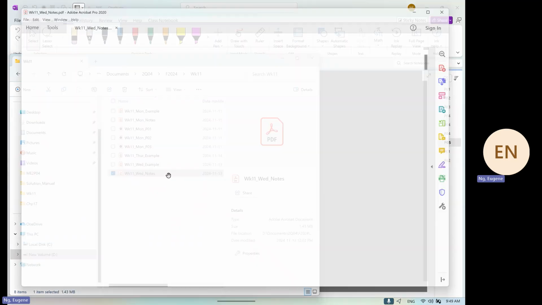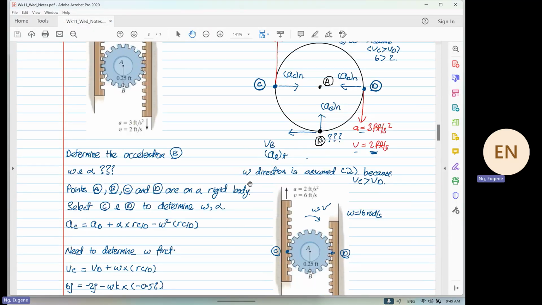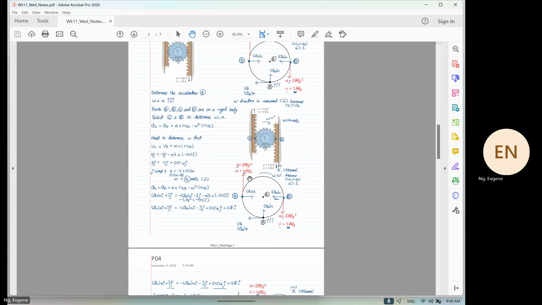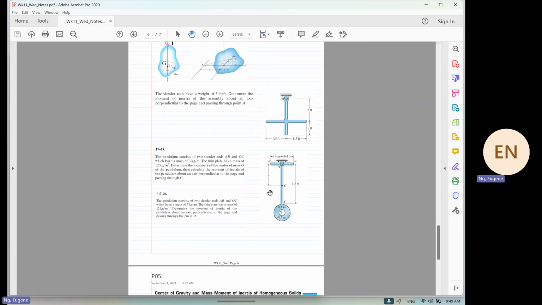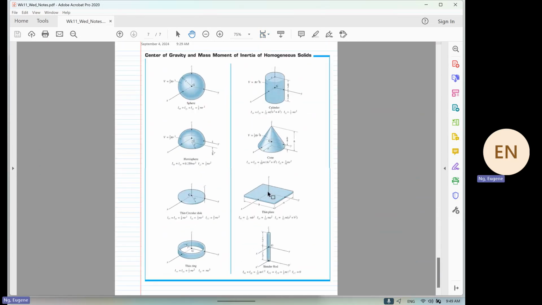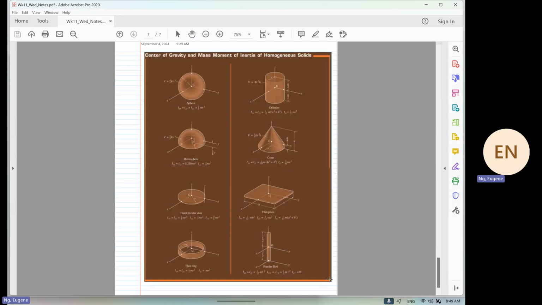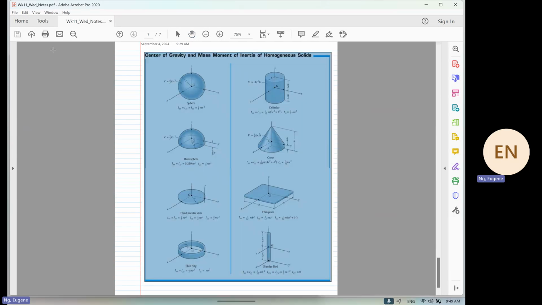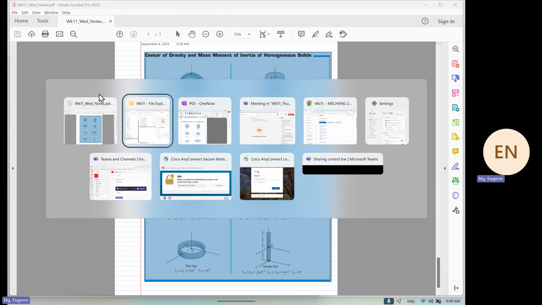Did I post it? If you go right to the end, okay, I posted a table that will be given to you in the exam, okay, regarding the mass moment of inertia of different shapes. Okay, so these are the shapes that we'll be dealing with. Okay, just to let you know. So this is how we get our Ig.